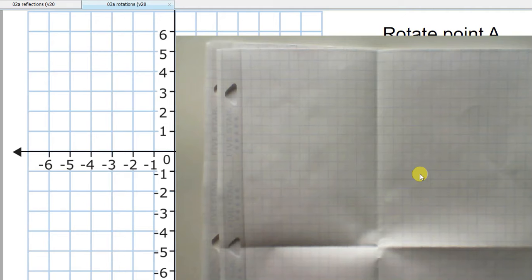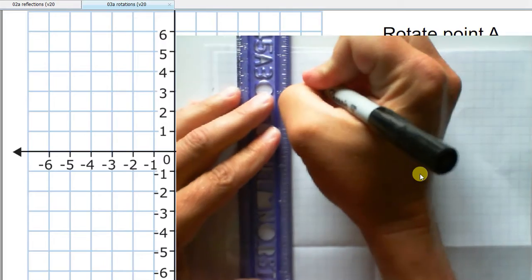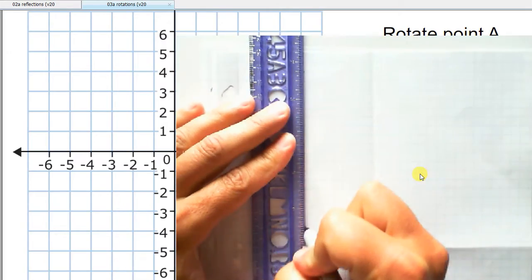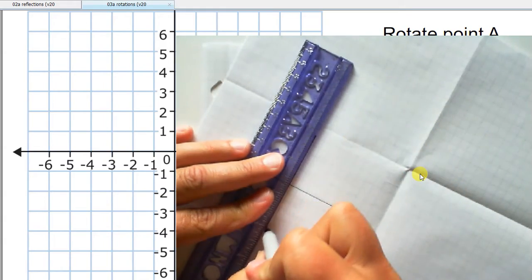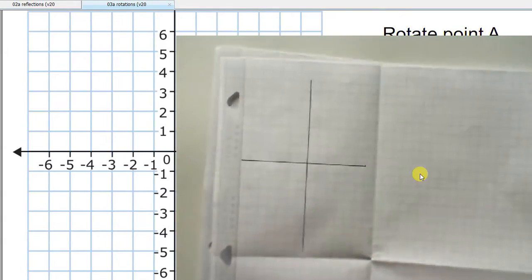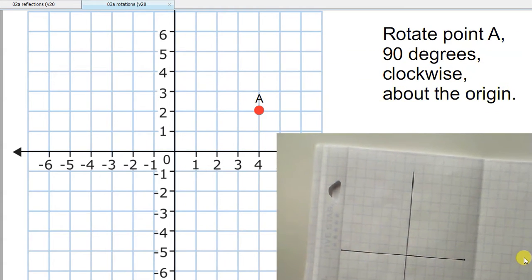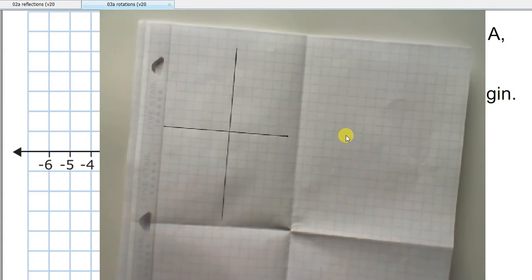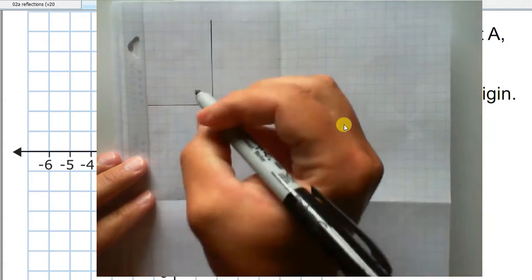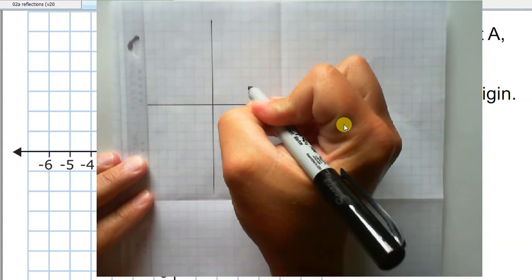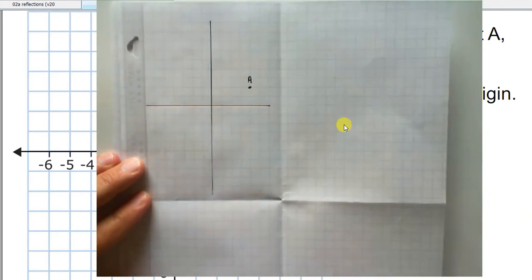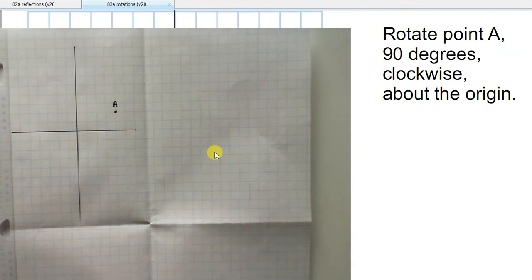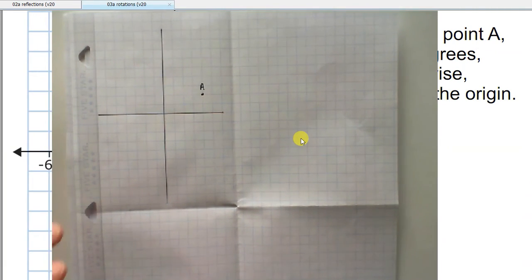And I'm going to draw a coordinate system on it. And on that, I'm going to plot the point at 4, 2. 1, 2, 3, 4, 1, 2. And what are we going to do with that point? We are going to rotate that 90 degrees clockwise.